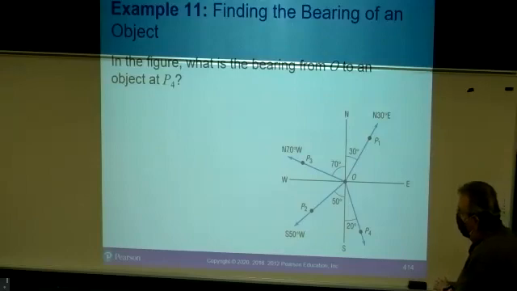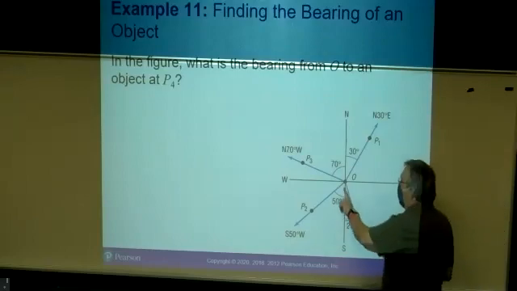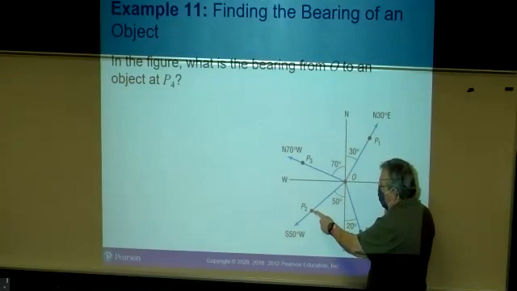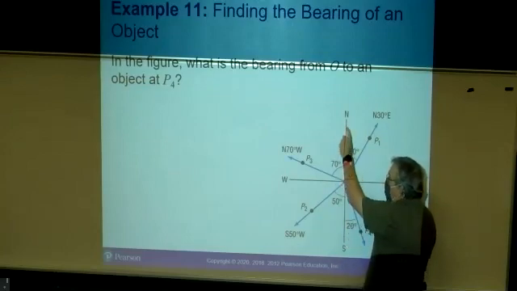So bearings are always between 0 and 90 degrees. It's just, am I going north or am I going south? And then how many degrees east or how many degrees west?